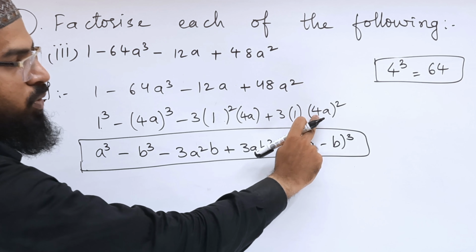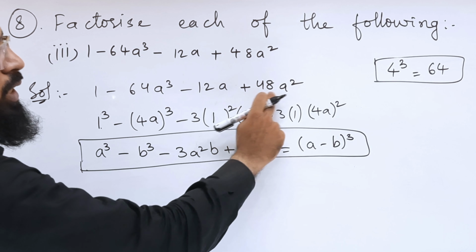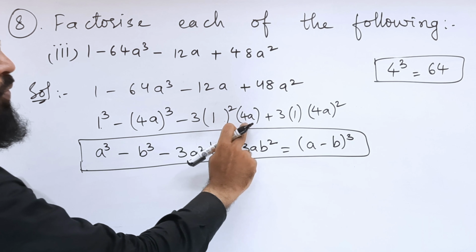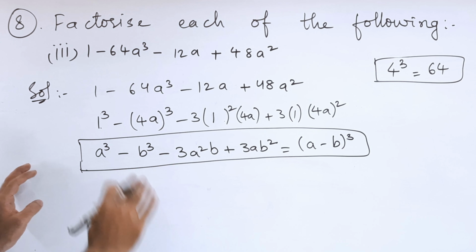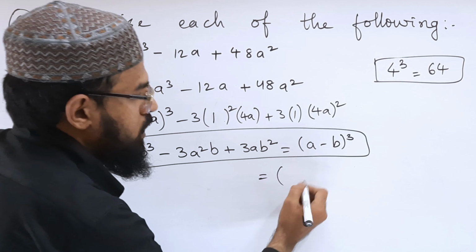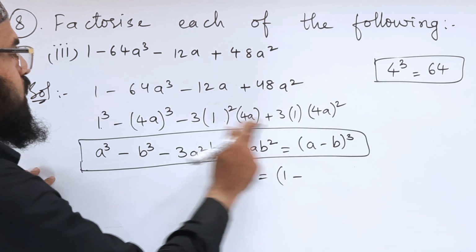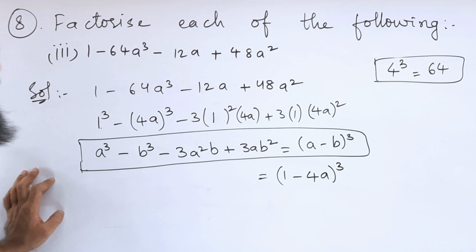If we observe this, square of 4 is 16, 16 3s are 48. So we are getting this 48, and here also 3 4s are 12a. So this is also what we are getting, that's why it is correct. Next, what is a? A is 1 minus b is 4a, 4a whole cube. So these are the three factors, 1 minus 4a whole cube.